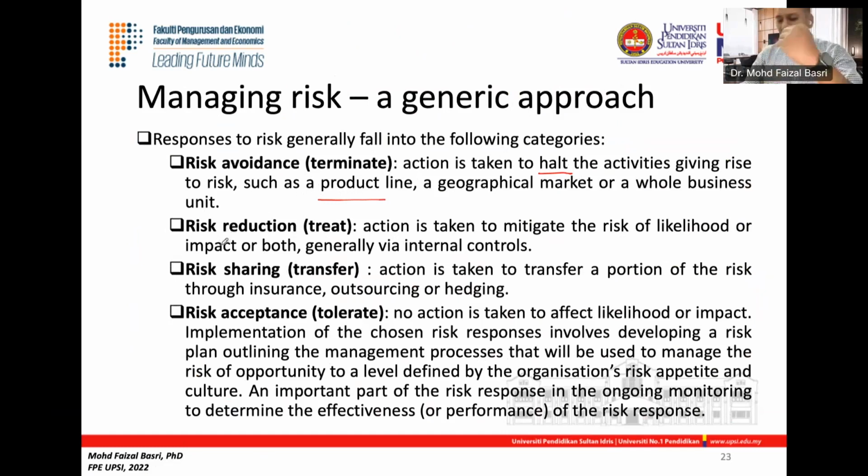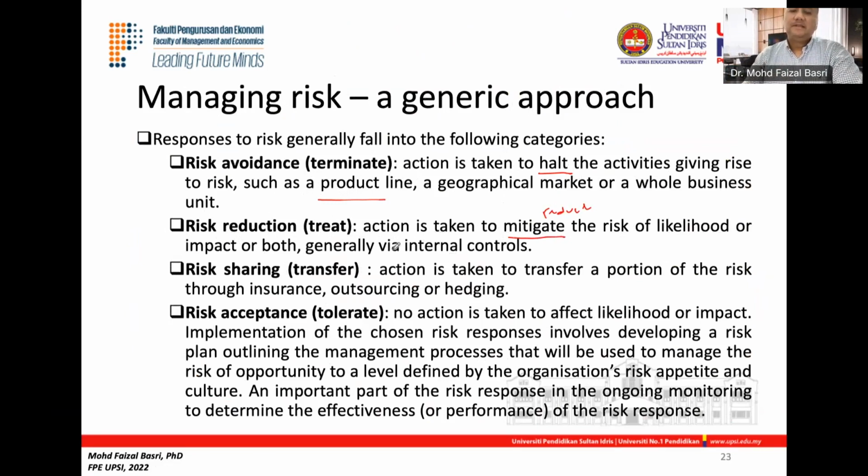Number two, you try to reduce it by doing some treatment. Action is taken to mitigate. Remember, mitigating is trying to reduce the likelihood, the impact, or both, generally via internal controls. Number three, sharing or transfer.